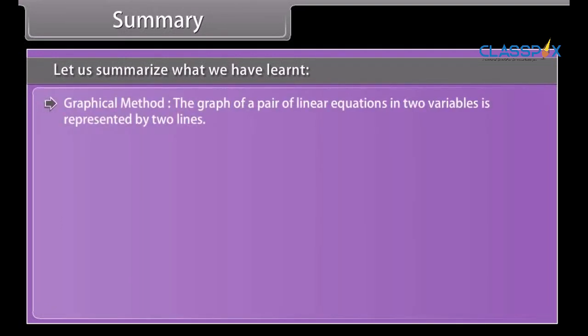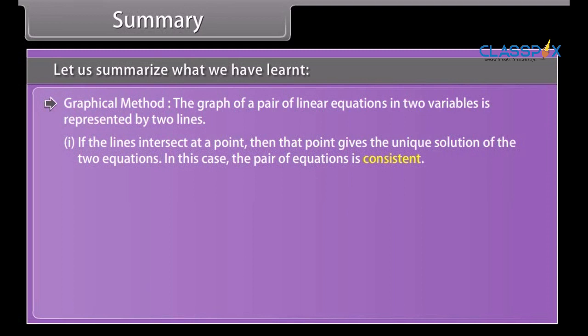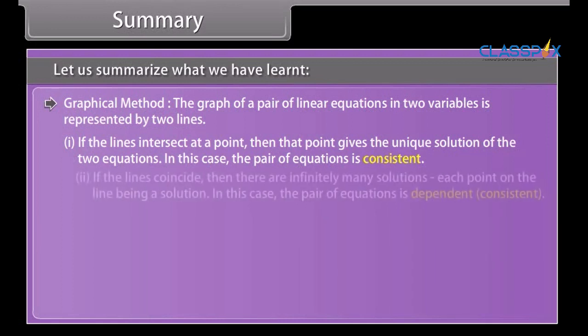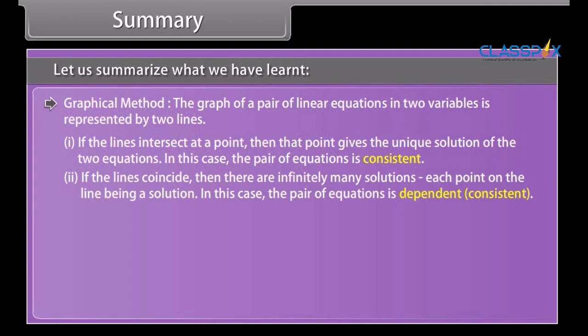The graph of a pair of linear equations in two variables is represented by two lines. 1. If the lines intersect at a point, then that point gives the unique solution of the two equations. In this case, the pair of equations is consistent.